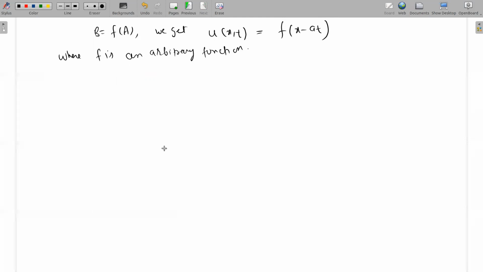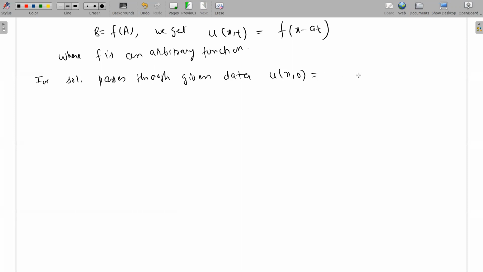Okay, so this is the general solution. Now you need to find the solution which passes through the given data.